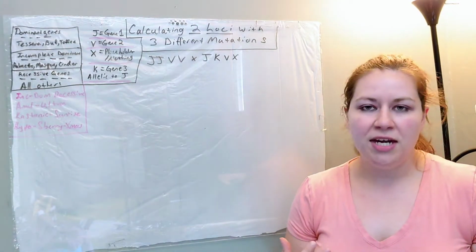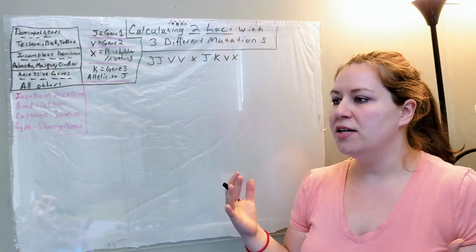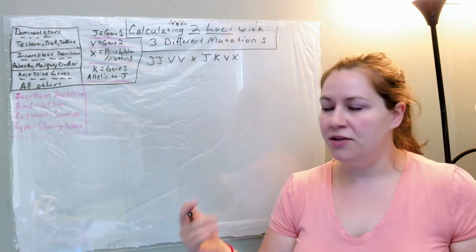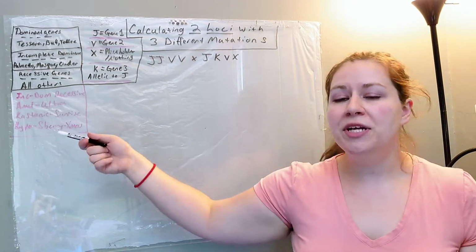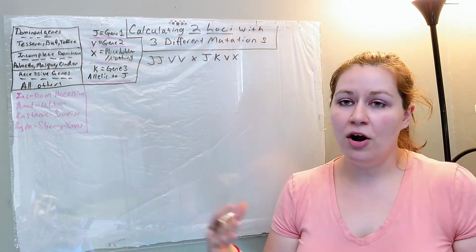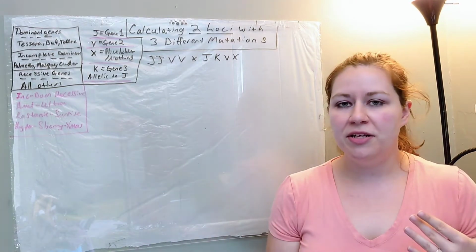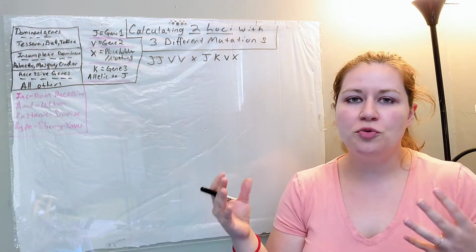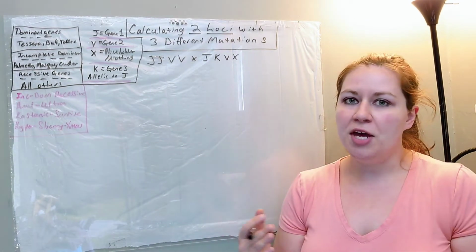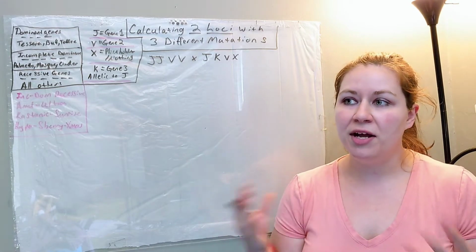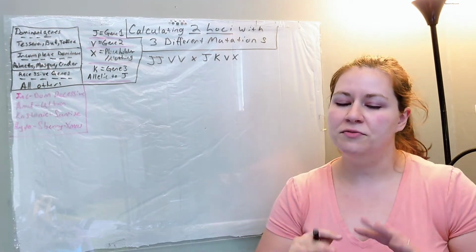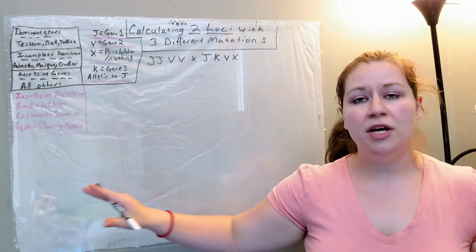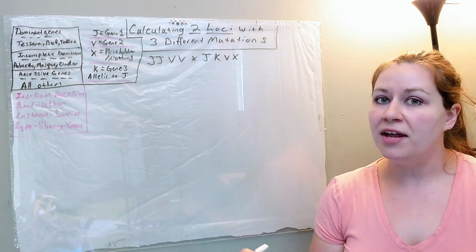I'll do Motley and Stripe again in a future video, because the visuals are different. These are incomplete dominant, and they are allelic just like Motley and Stripe are allelic, but these will actually change the visual phenotype of the animals when they're combined, whereas Motley and Stripe does not always change the phenotype. So I didn't want to put those on there right now. We might do a video on that in the future.